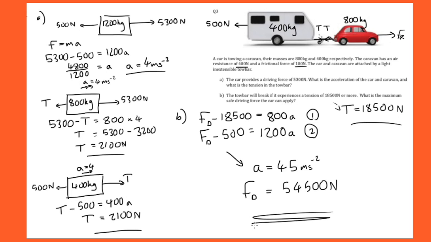Okay, so in order to break or snap this tow bar, we're going to have to apply a huge amount of force. Just set up the equations as I've used before, solve them simultaneously, and you should get to these answers. If you get 54,000, you've possibly just forgotten to add on this 500 in the last step.